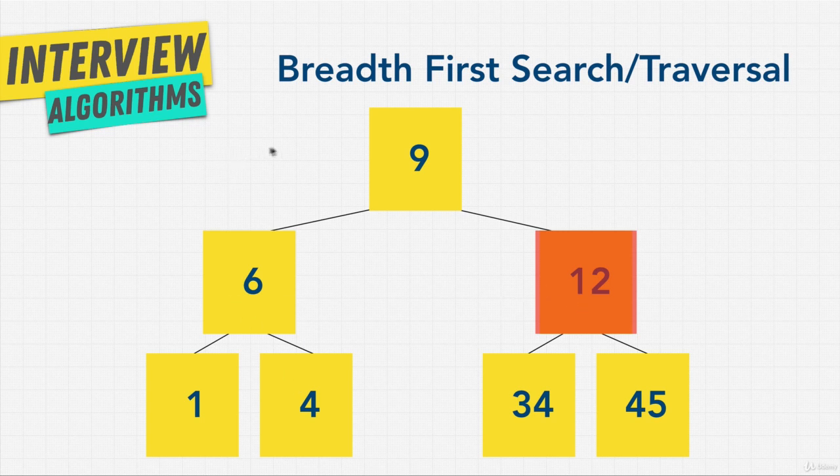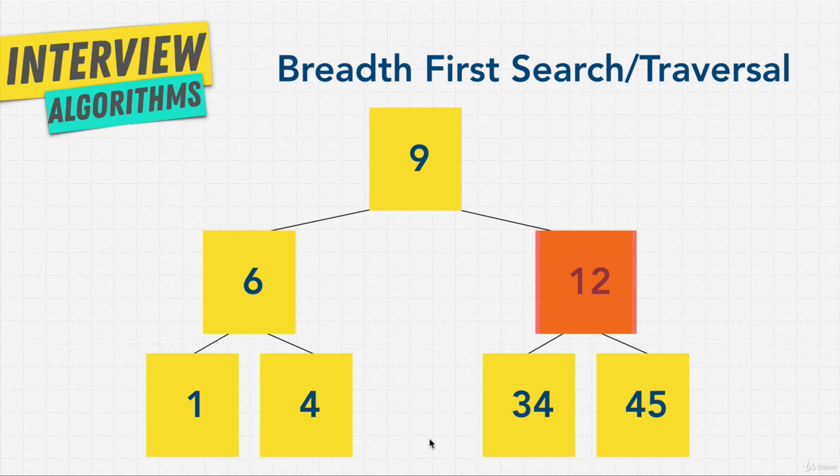And you'll also notice this path that we're taking from 9 to 6 to 12 to 1 to 4 to 34, 45. We're going to be using a queue data structure, which allows us to keep a reference to the nodes that we want to come back to. Because we know 6 is in front of 12, we can go back to it and discover its child nodes.